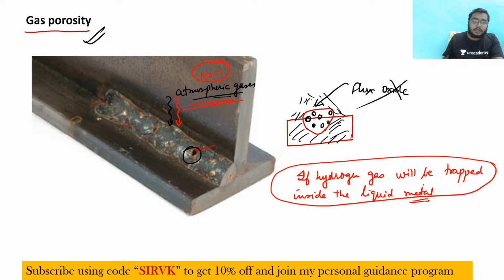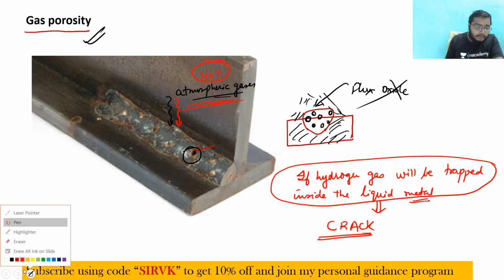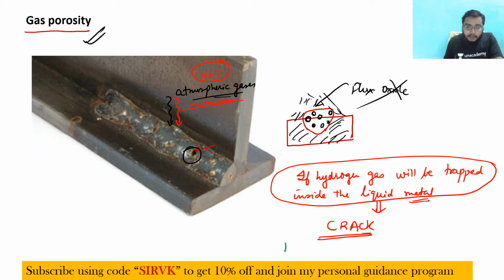So if anyhow this hydrogen gas is trapped inside the liquid metal, what will happen? This will form a crack. Just now we have seen the crack concept, so this will form a crack, and due to this crack a defect will be formed, that is known as hydrogen embrittlement.